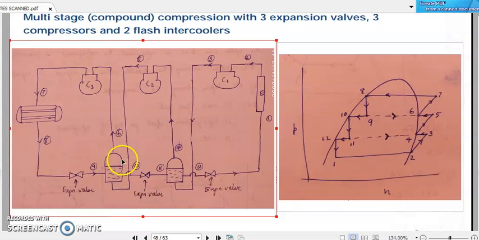So whatever flash gas is getting formed is admitted to the nearest possible compressor, that is C3, and that process is shown as a dotted line from 9 to 6.